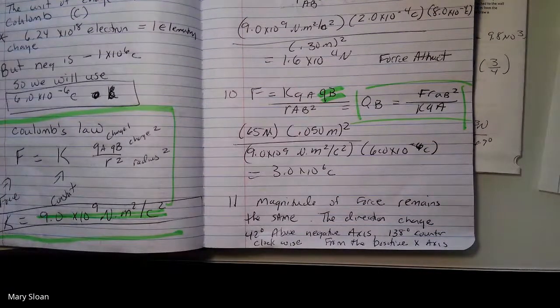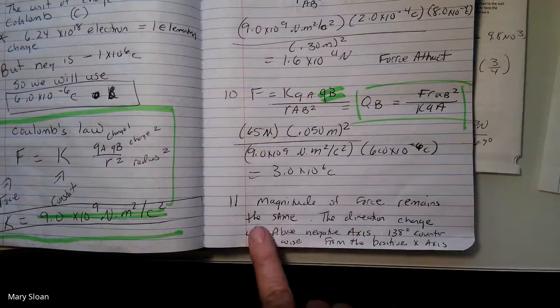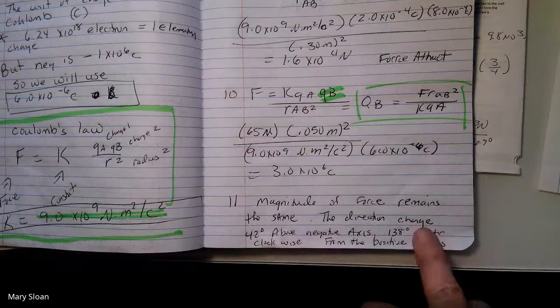For number 11, it says, suppose you replace the charge on B in example problem 1 with a charge of plus 3.0 microcoulombs. Diagram the new solution and find the net force on A. The magnitude of the force remains the same. The direction change is 42 degrees. That's the important one.